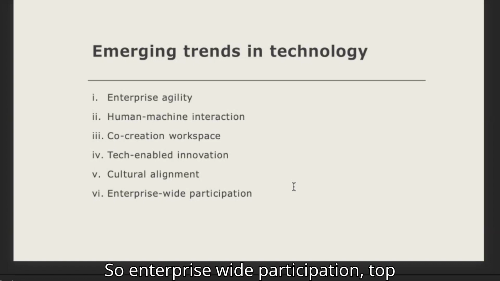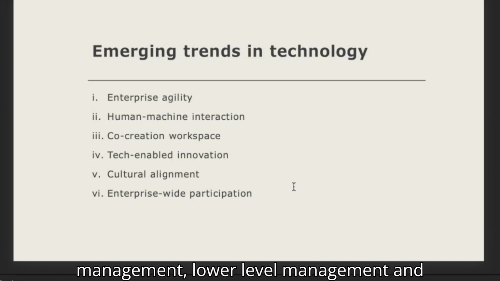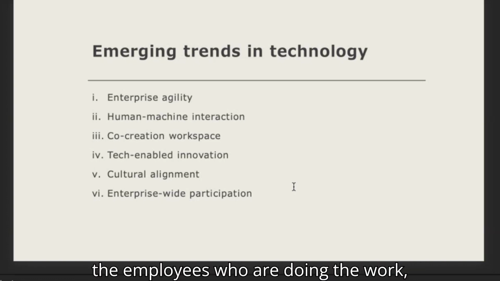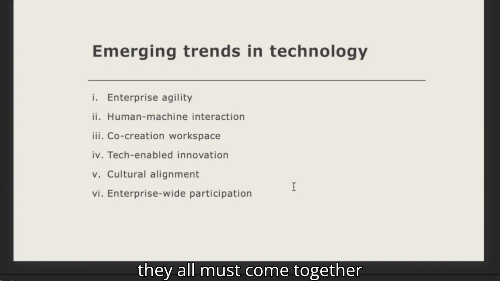So enterprise-wide participation: top level management, middle level management, lower level management, and the employees who are doing the work, they all must come together in implementing the technology that is needed for the organization.